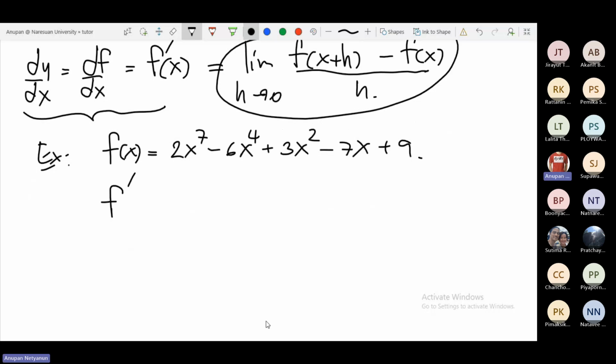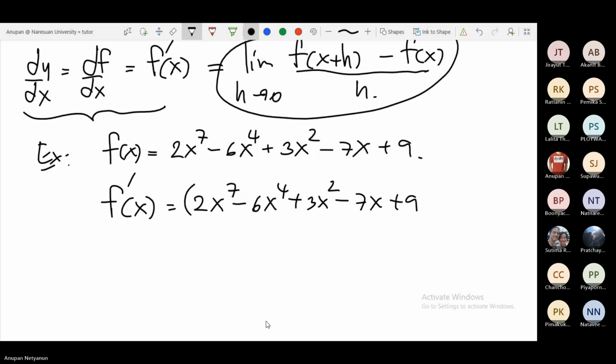So if you want to find the derivative of f, since f is equal to this, you take derivative to the right hand side too. Same as taking derivative on the right hand side. And you notice that you have plus minus in between.